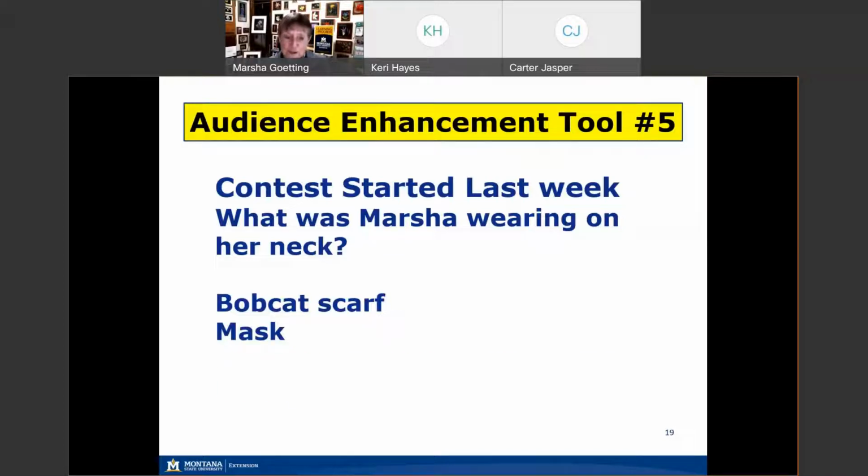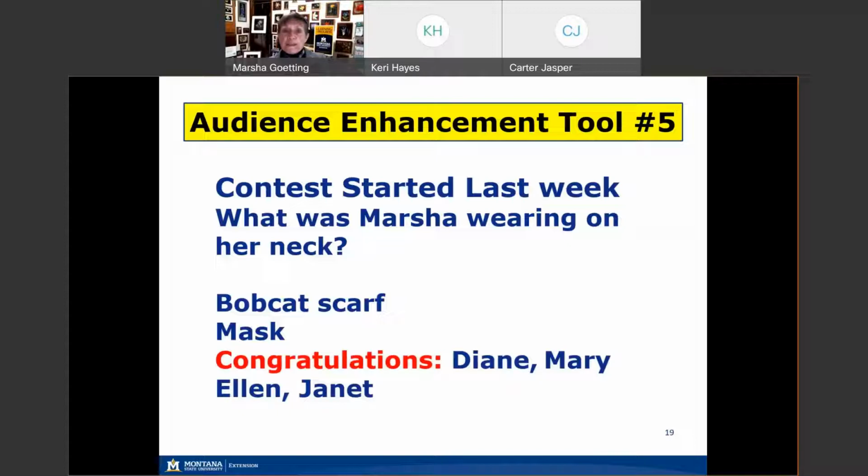You are the 3 that got it right. It was indeed a mask. That's what it looked like, and I just put it around like thus, but it didn't stay very good, did it? And today I have on another one, since I have more than one mask. So you 3, I decided, since there were 3 of you, I can send each one of you a card. So I will be doing that here. So don't hold your breath, just because, you know, post office is taking a while right now.